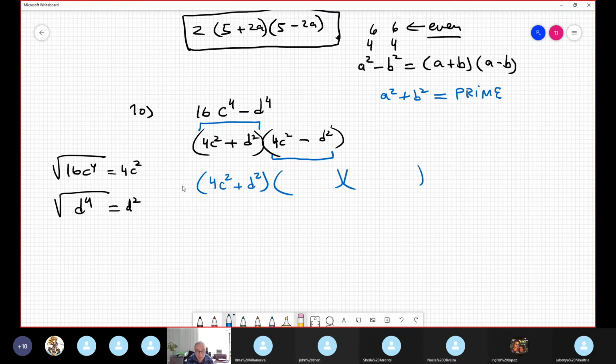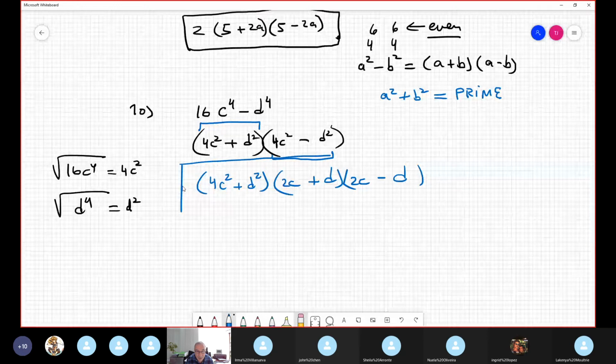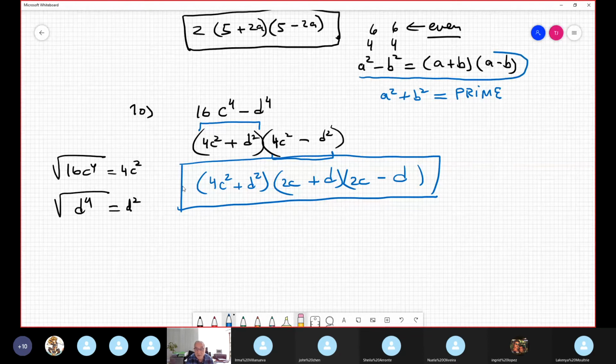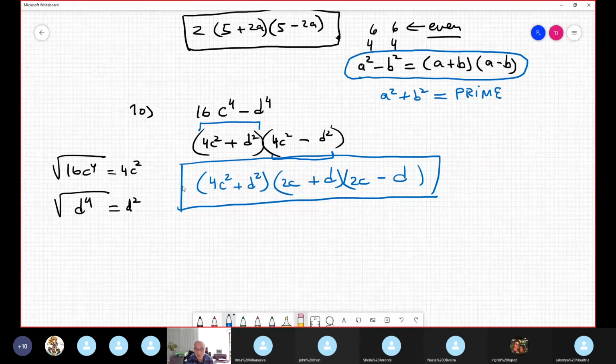You separate in two. The square root of this is 2c, the square root of this is d, plus or minus. In this example, I apply that formula two times, and you continue until you factor the expression completely.